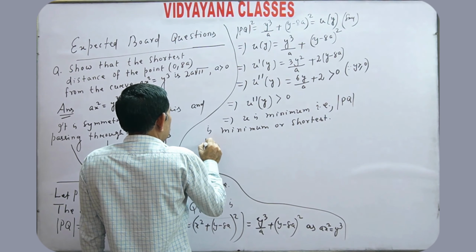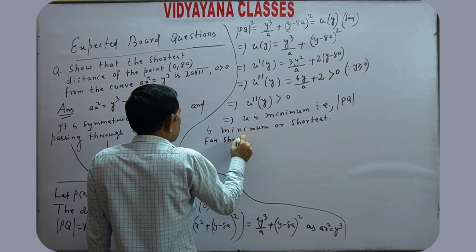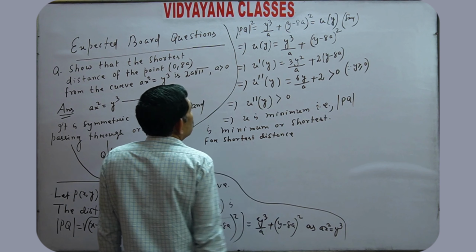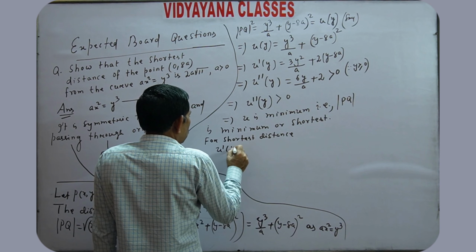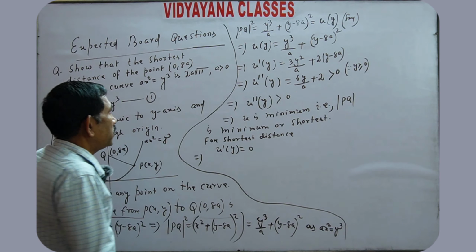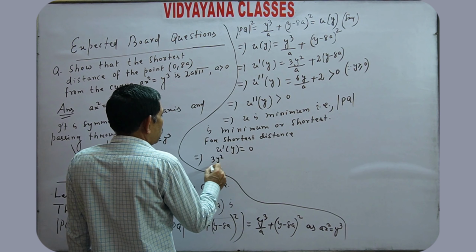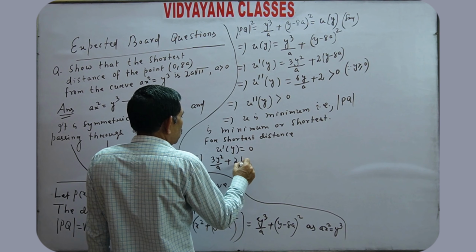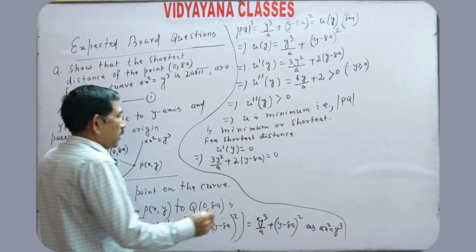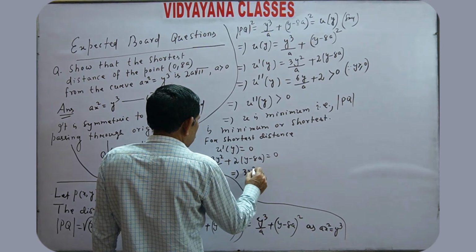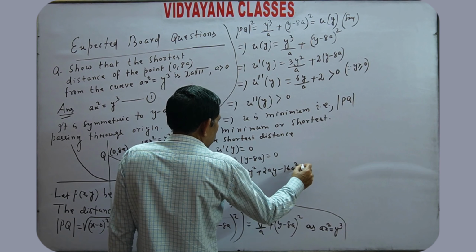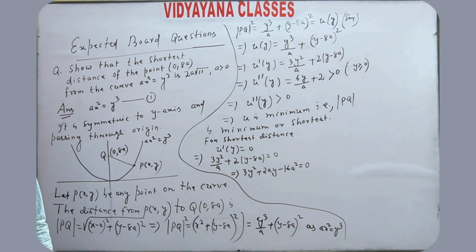For shortest distance, u′(y) is equal to 0, which implies 3y²/a + 2(y − 8a) is equal to 0, which implies 3y² + 2ay − 16a² is equal to 0. Clear?